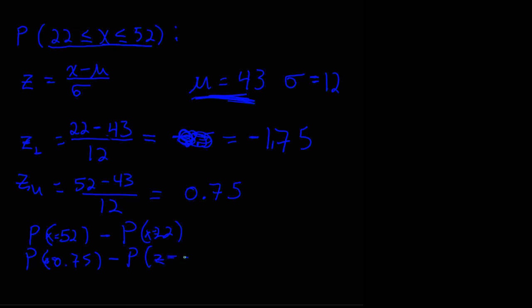We have converted our variable x to z-scores, and z-scores we can look up directly on the table. Let me pull up the table that we have in the front matter of the textbook.